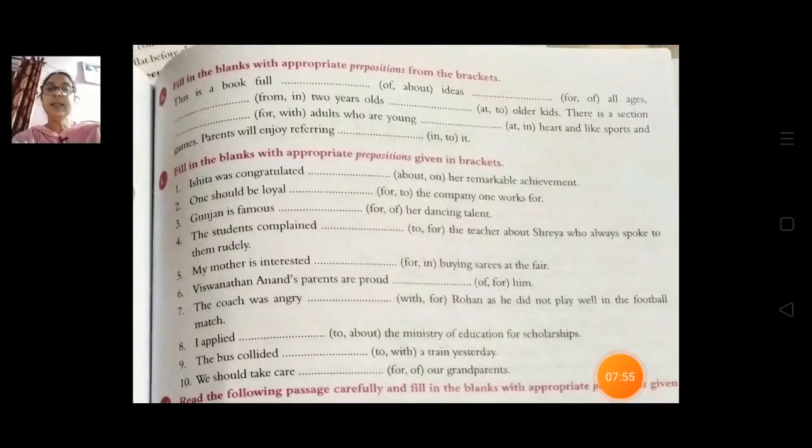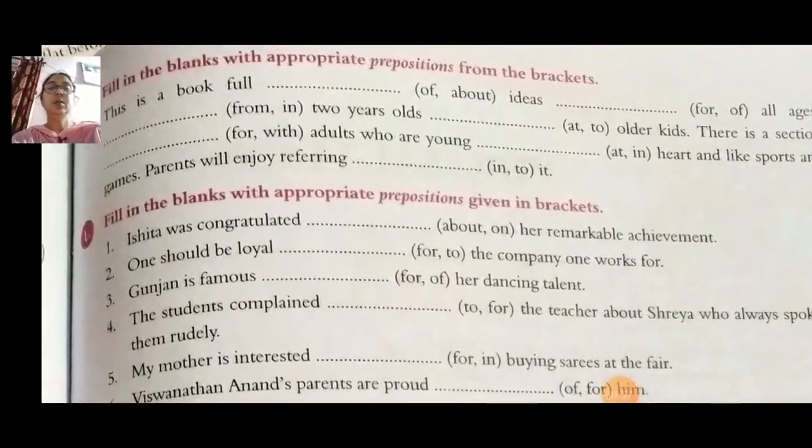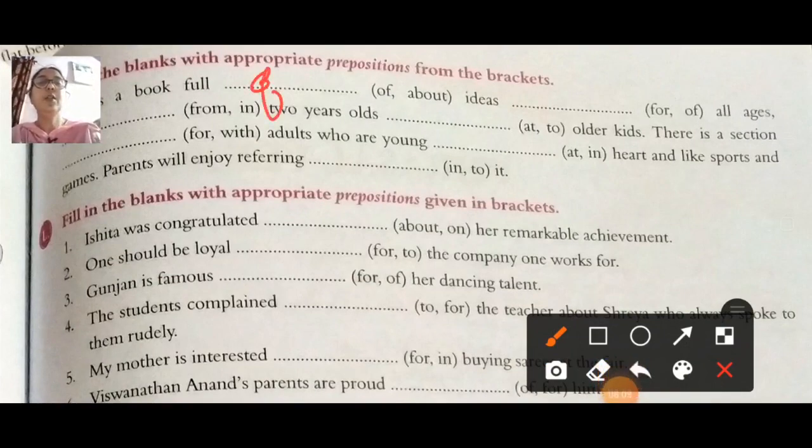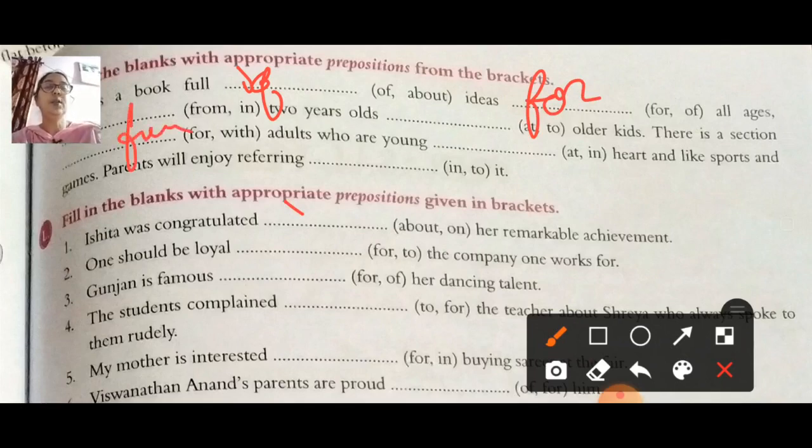Now this exercise we are going to do. This is the book full of ideas for all ages, from 2 years old to older kids.